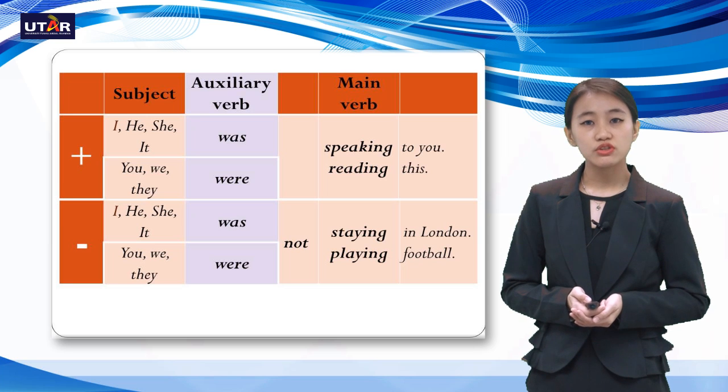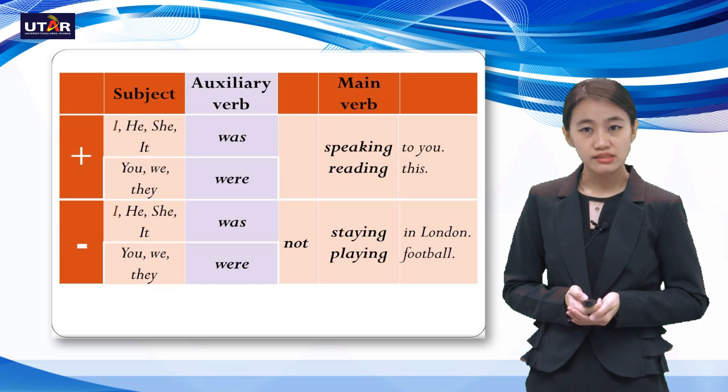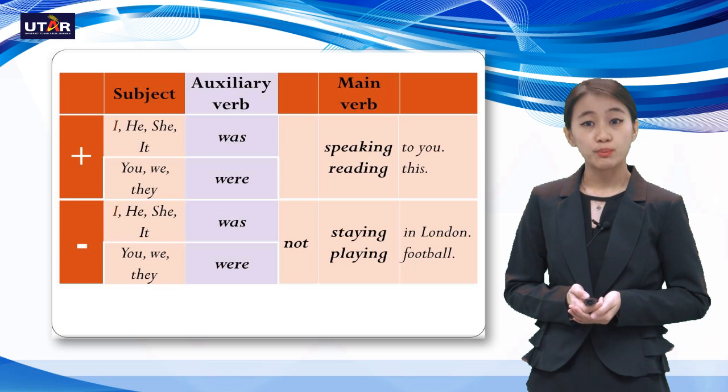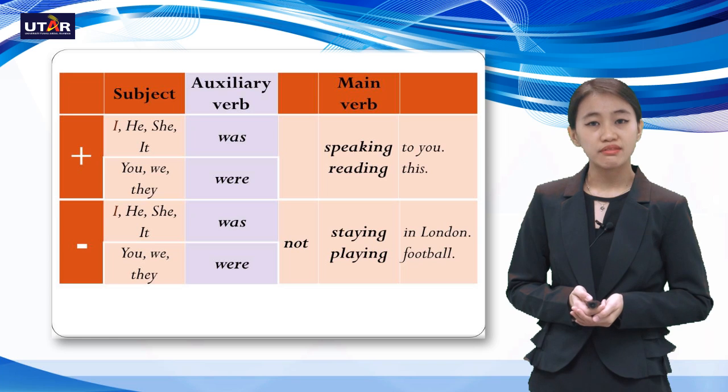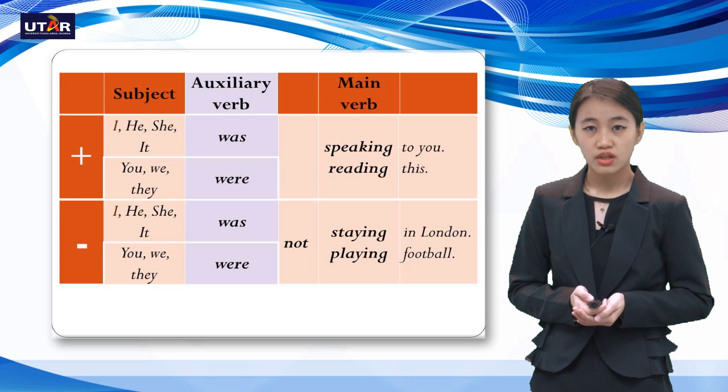Now, if you want to construct a negative sentence, you still start with your subject, I, he, she, it, followed by your be verb, was, whereas for plural, you, we, they, followed by were. However, you have the addition of not.